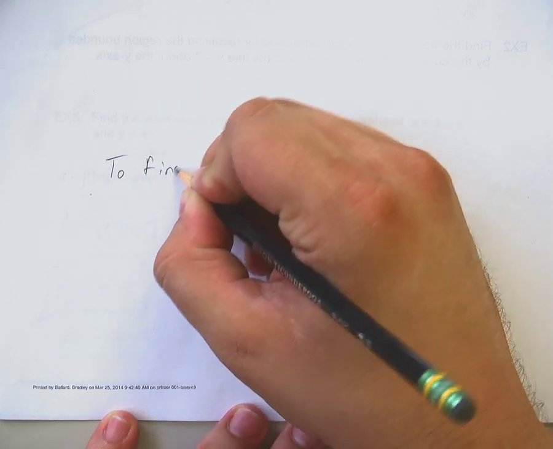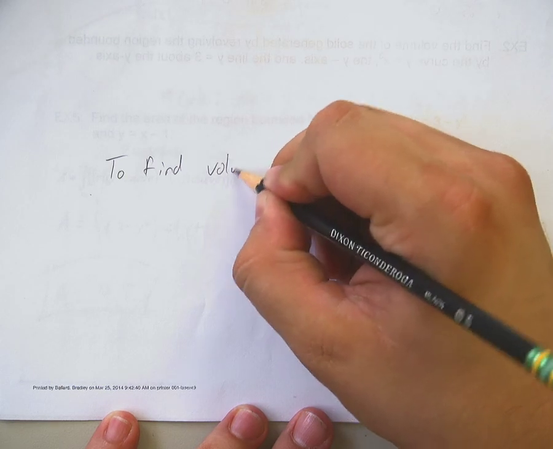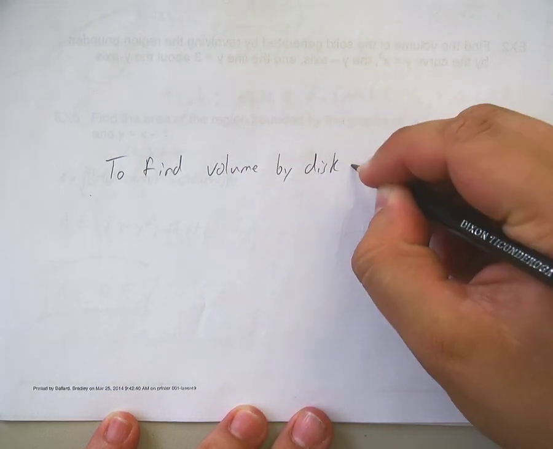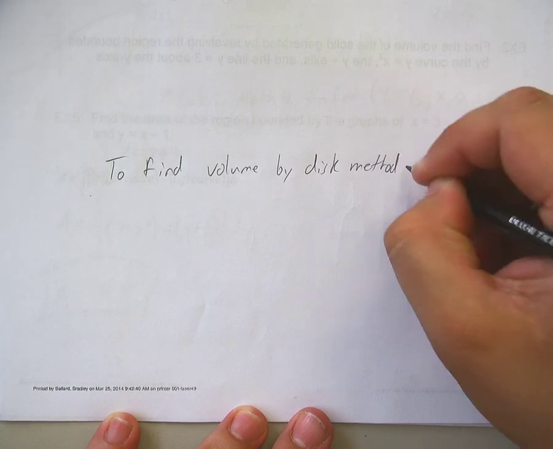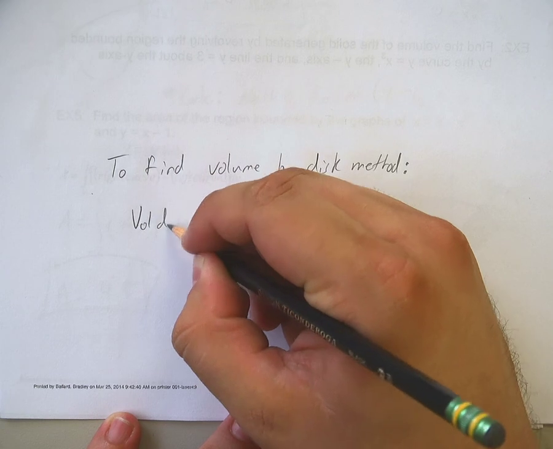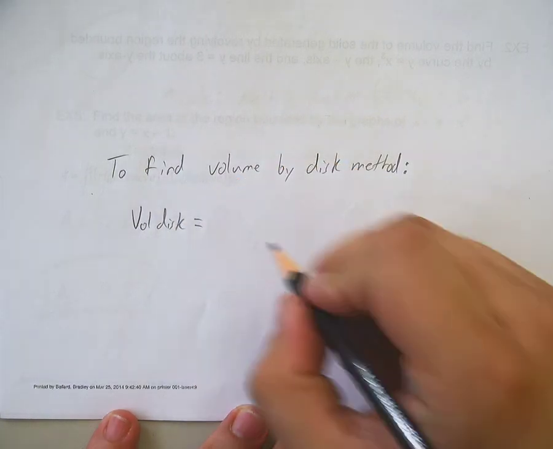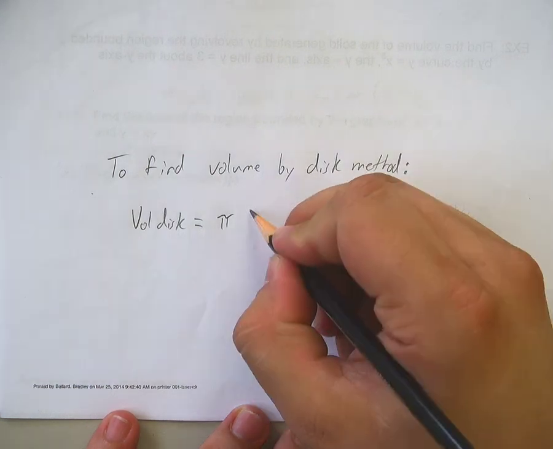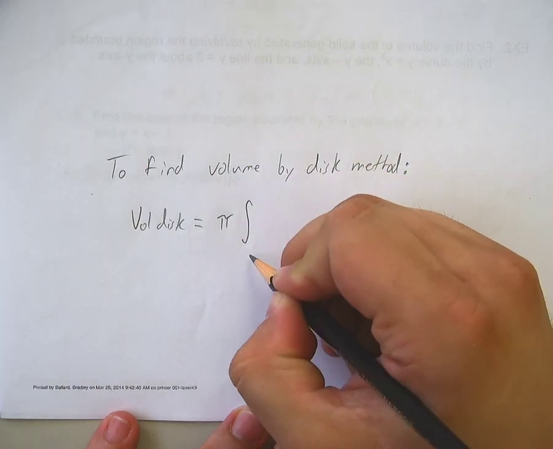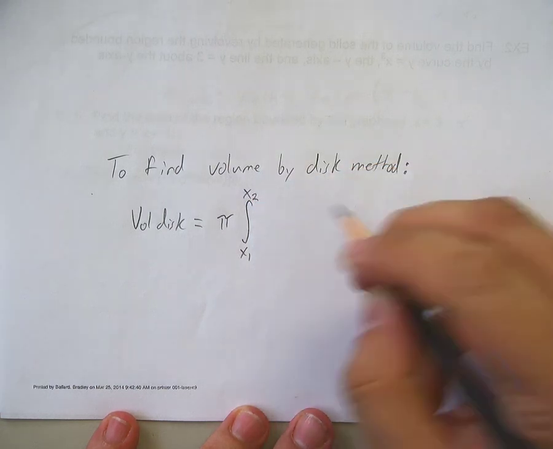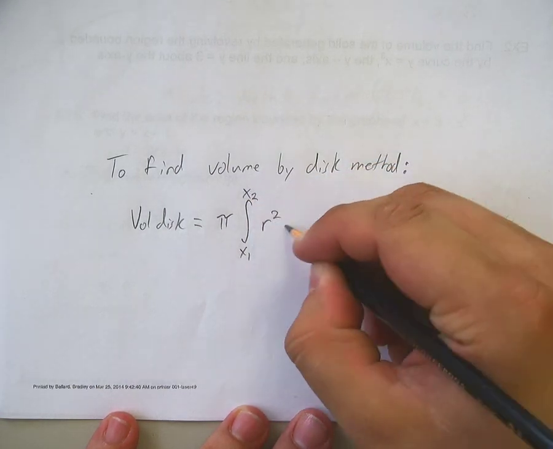To find volume by the disk method, here's your format, okay? The volume of a disk is going to be pi, always pi, times the integral from x1 to x2 of r squared dx.